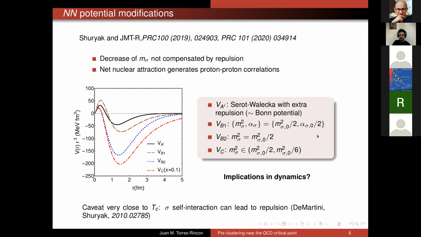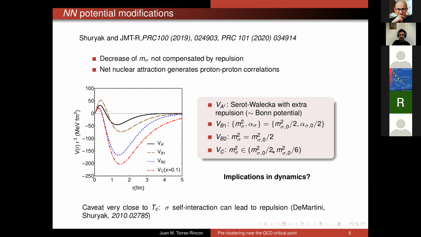So the change is simply a factor of 2 in the mass square, and sometimes I also modify the coupling itself by a similar amount. But in any case, you see that the supposed effect when you are approaching the critical point is something like this. In fact, the final potential that I'm showing here corresponds to a factor of something like 3 in the mass square.